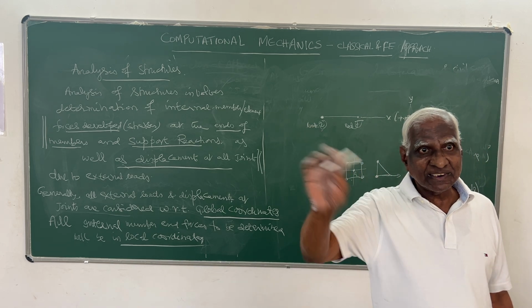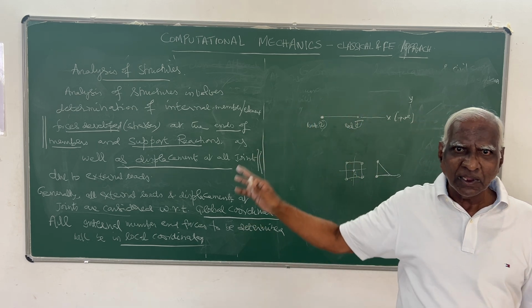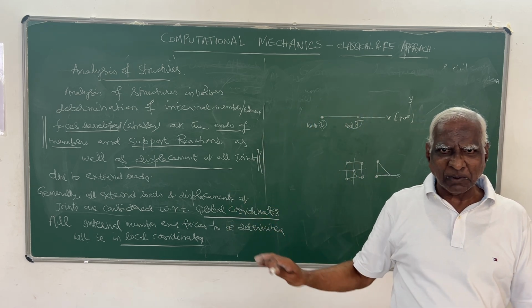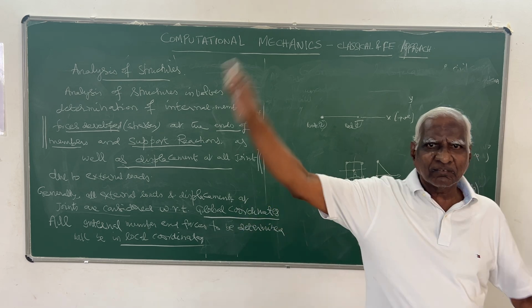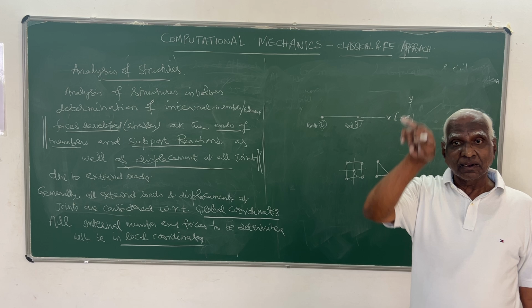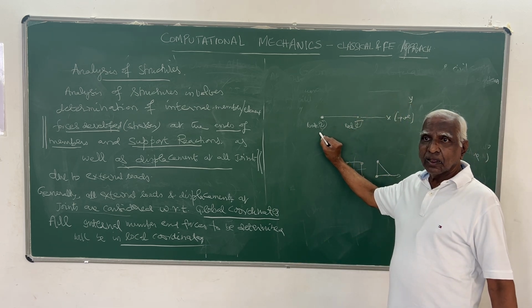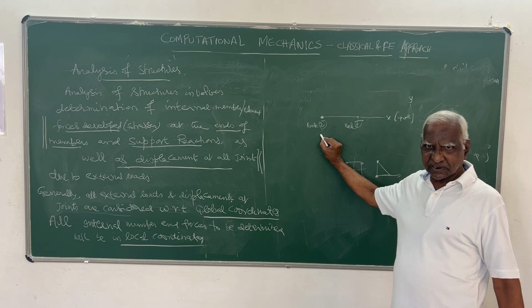And that they call element connectivity, that we have to define in finite element approach. But in classical, we need not bother. Simply we can take one of the member axis because it is very much simple. But in computer, the finite element approach, we have to always define local axis origin.